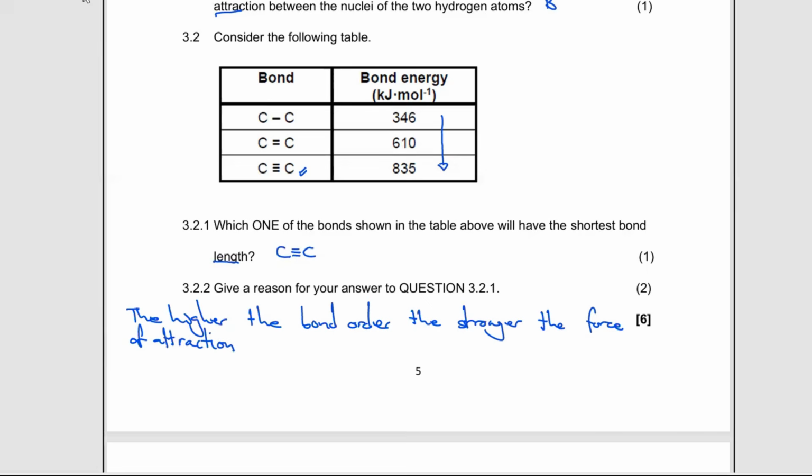So if we are increasing our bond order, the force of attraction becomes stronger.